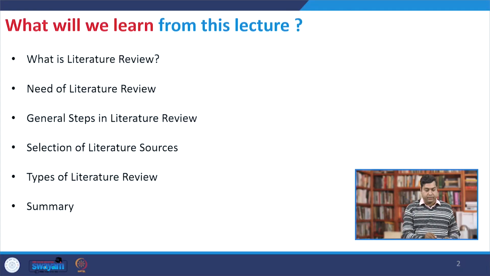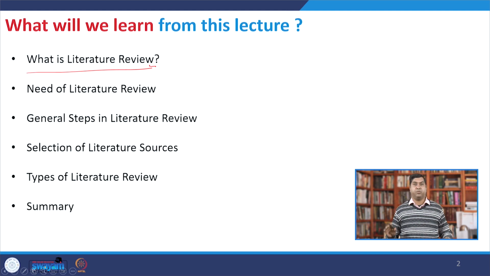In this lecture, what we aim to learn: as we already know, literature review is one of the components. After defining your problem, you have to go for an extensive literature review to understand what has been done in your domain.